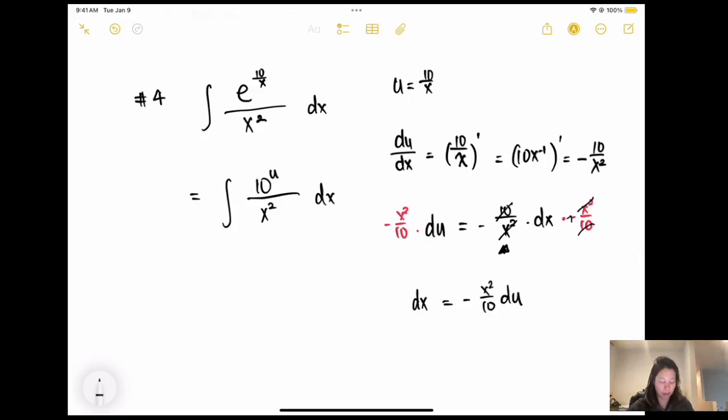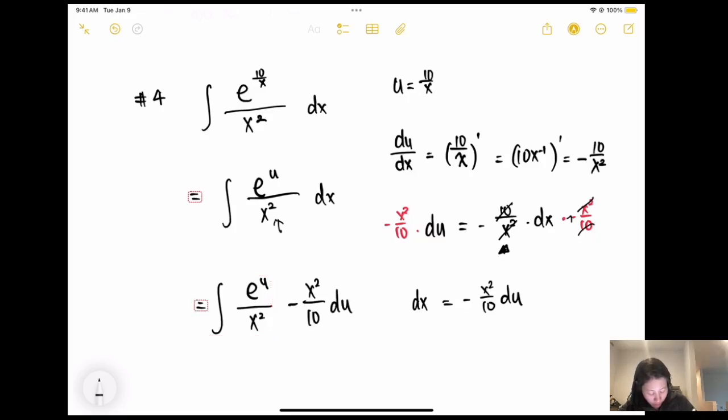Wow, this is nice because you can see the x squared and the x squared in the denominator are going to cancel. So now let's substitute everything in here, especially the dx. So I have e to the u over x squared, and dx is equal to negative x squared over 10 du.